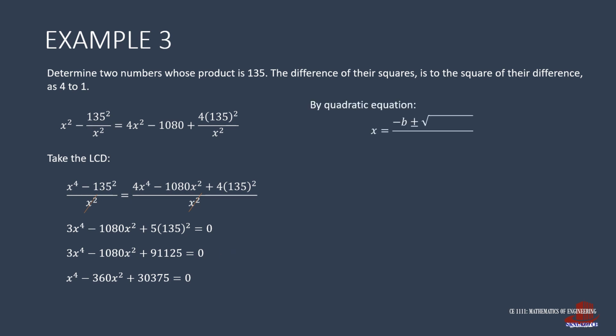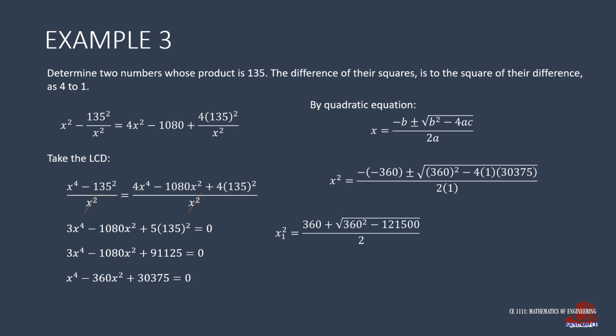With the exponents of 4 and 2, we can still use the quadratic equation to figure out x squared, making negative of b, which is negative 360, plus or minus the root of the square of 360, minus 4 times 1 times 30,375 upon twice of 1.